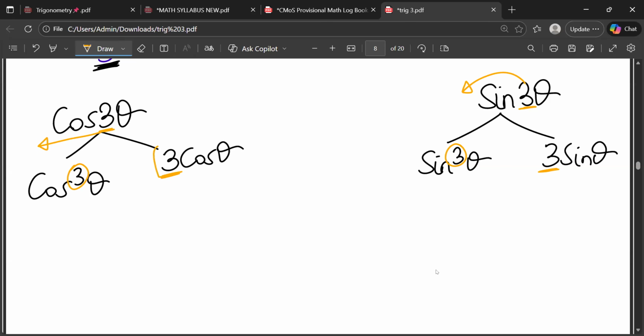These ones already have their scalar or coefficient 3 out, but these ones don't have. They also take on what?